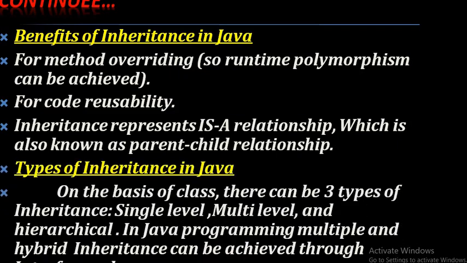Types of inheritance in Java: on the basis of class, there can be three types of inheritance: single level, multi-level, and hierarchical. In Java programming, multiple and hybrid inheritance can be achieved through interface only, because Java does not support multiple inheritance through class.